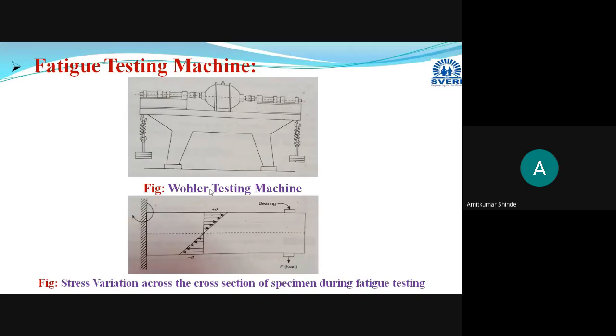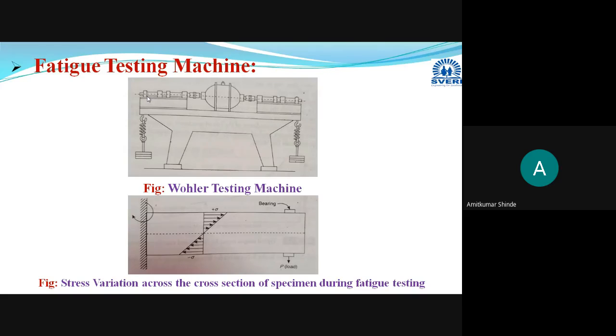Now again, here you can see the arrangement. The specimen used here is used in the form of a cantilever beam. Cantilever beam in the sense one end is fixed and from the other end loading will be done, or simply one end is fixed and the other end is free.